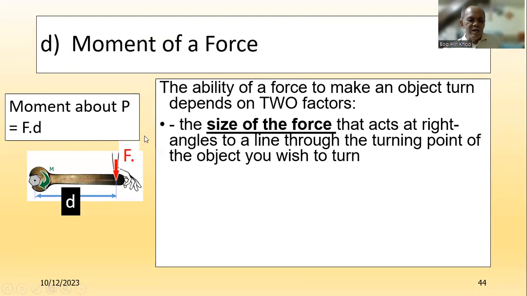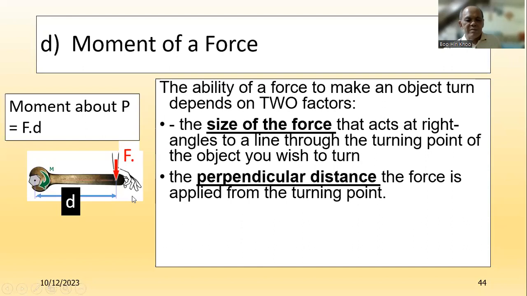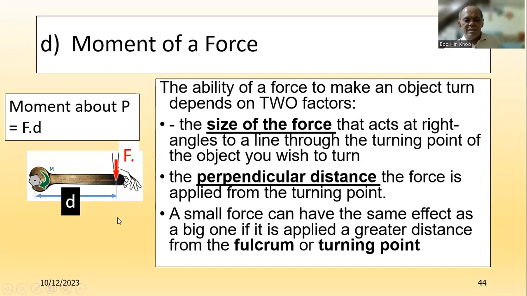And second, the perpendicular distance. So this can be small, this can be large. A small force can have the same effect as a large one if it's applied at a greater distance from the fulcrum or turning point.